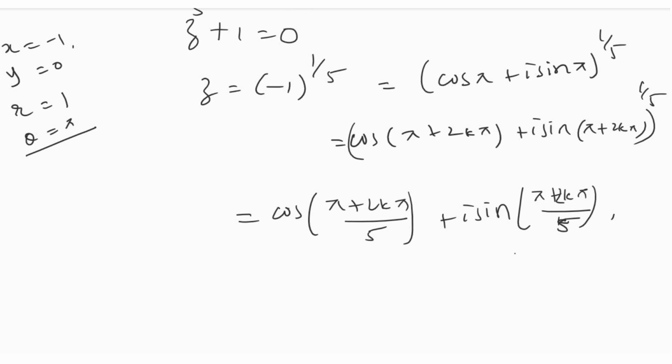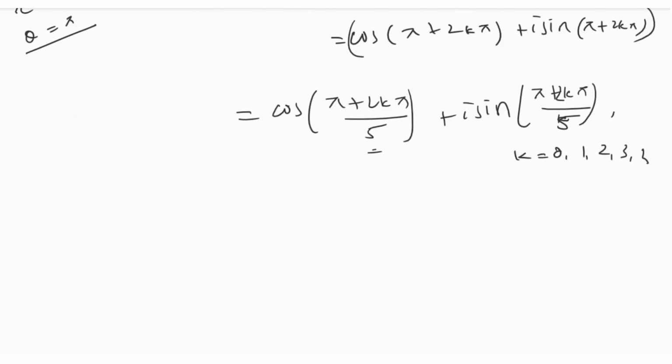Where k is 0, 1, 2, 3 and 4, because n is 5 here, so it has 5 roots. That's why k goes up to 4, and after 5 the roots are repeated. So if you substitute the values of k equal to 0, 1, 2, 3, you will have different roots of the given equation.